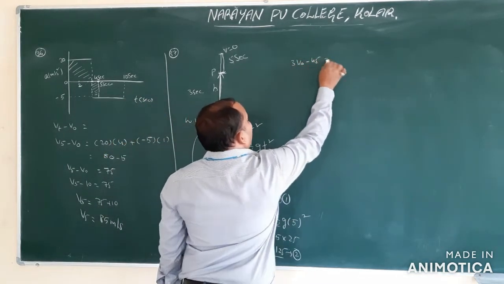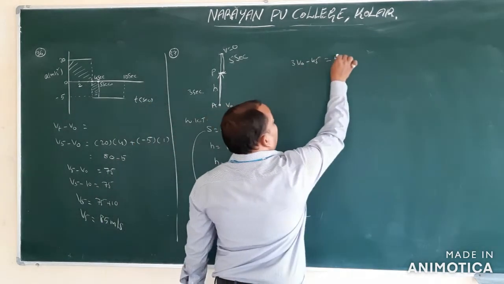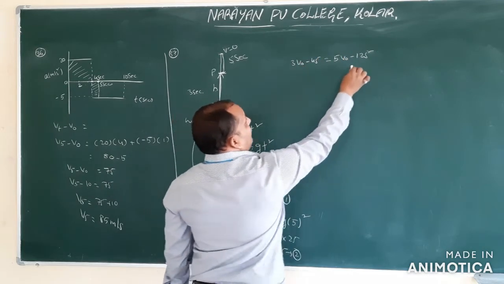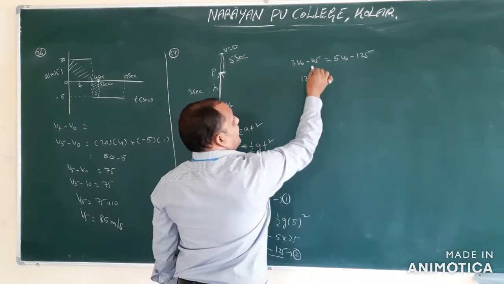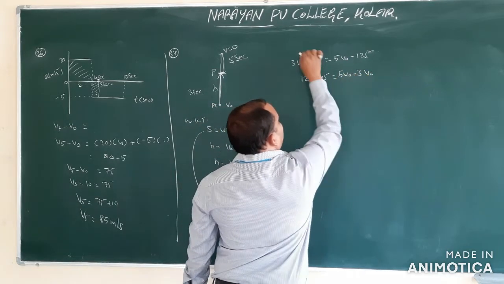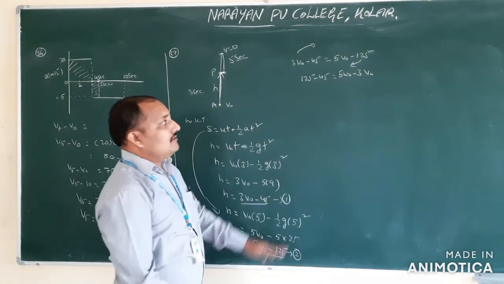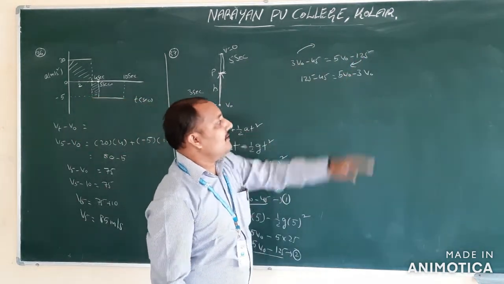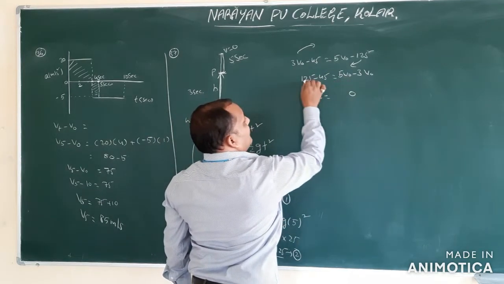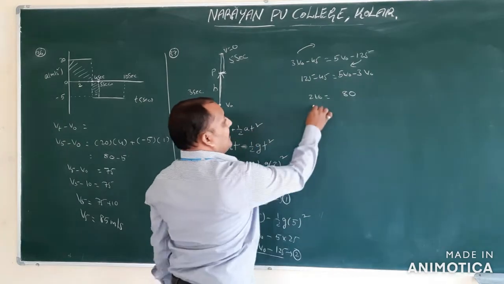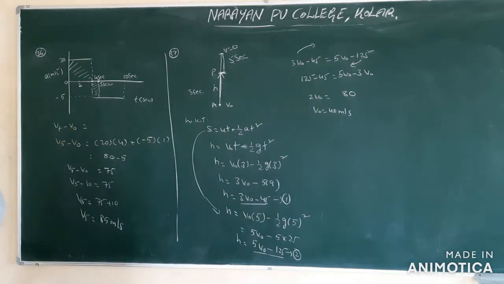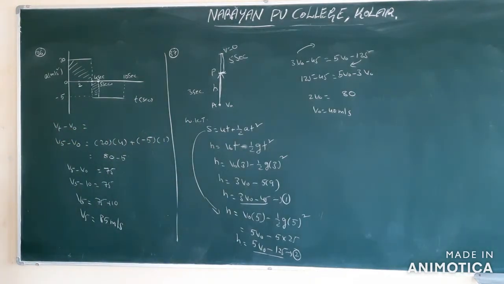So you can bring this to this side: minus 125 will become plus 125 here, and 5V0 minus 3V0, so minus becomes plus, plus becomes minus. Here 2V0, and 125 minus 45 is 80. Then V0 is equal to 40 meters per second. So that is the velocity, isn't it?